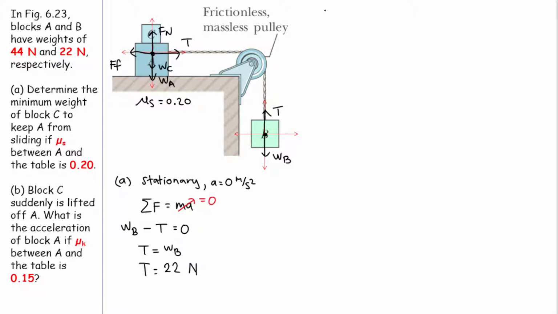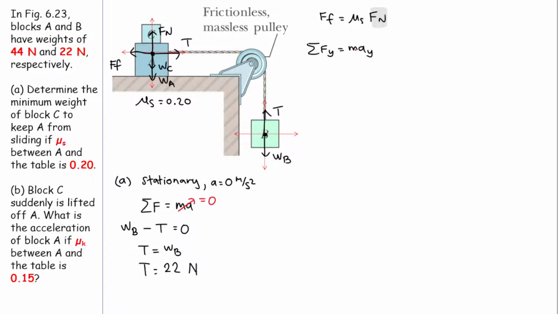And we need to remember that the force of the friction here is equal to mu s, static because it is stationary, multiplied by the normal force, Fn. But we don't know this yet, so we need to find it by looking at the y-axis. So we will have the sum of the forces on the y-axis equal to the mass multiplied by acceleration in the y-axis.